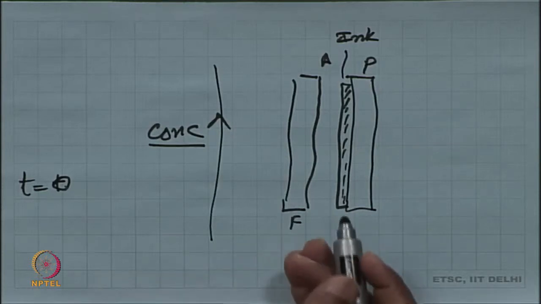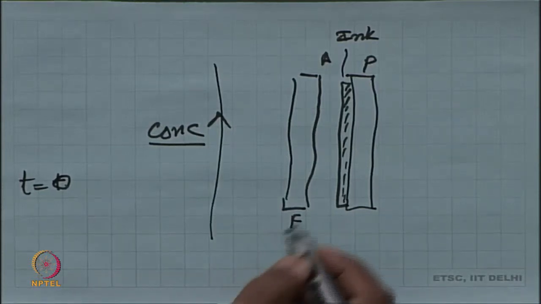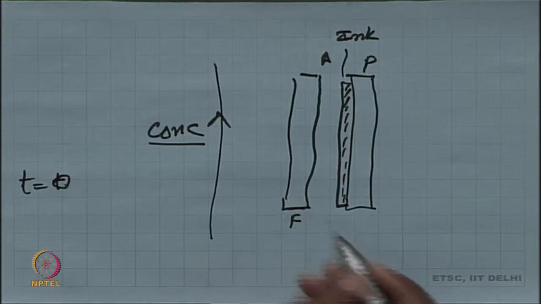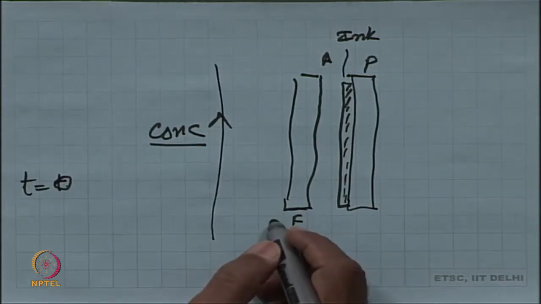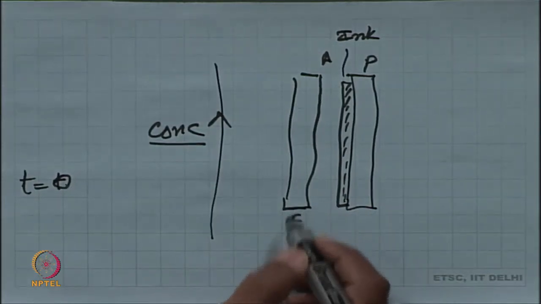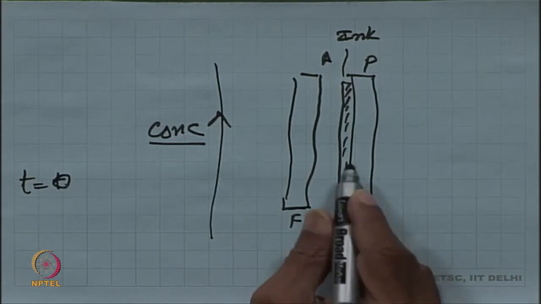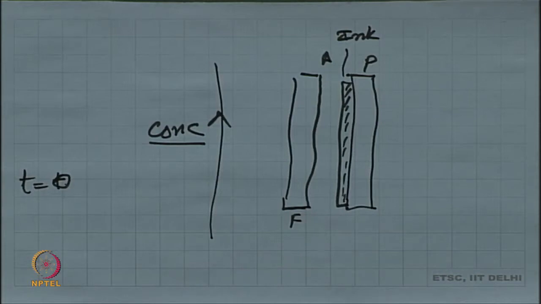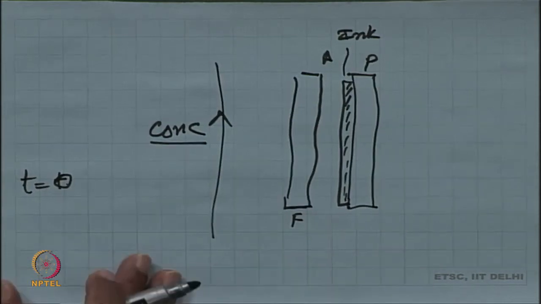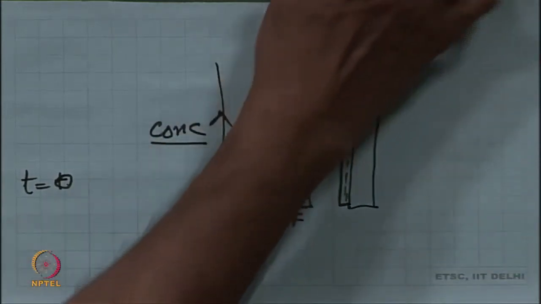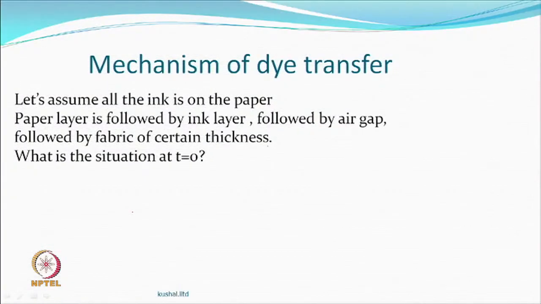So, maximum concentration is there. The concentration of the dye in the fiber is 0. So, there is a gap, there is a distance, and we hope that in the paper layer, whichever, there is no dye concentration. So, this is what is there.